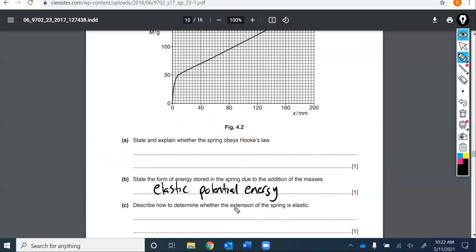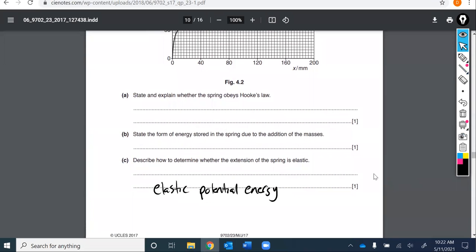Describe how to determine whether the extension of the spring is elastic. So an elastic deformation is one where, when you remove the force that's causing the extension or compression, the object goes back to its original shape. And so you want to put that into your own words by saying, in order to determine whether the extension of the spring is elastic, remove the masses and see if the spring returns to its original shape.